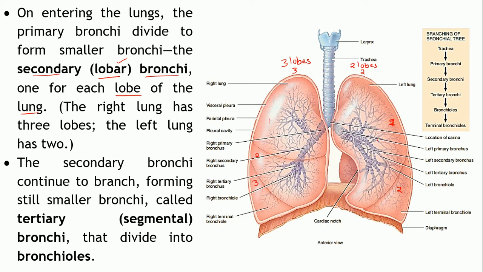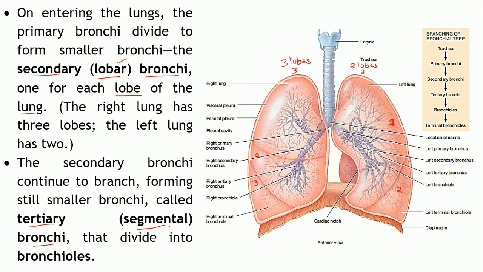Now these secondary bronchi will continue to branch. As you can see, the branching continues, forming still smaller bronchi known as tertiary bronchi, also known as segmental bronchi, because these supply a specific segment within the lobe.